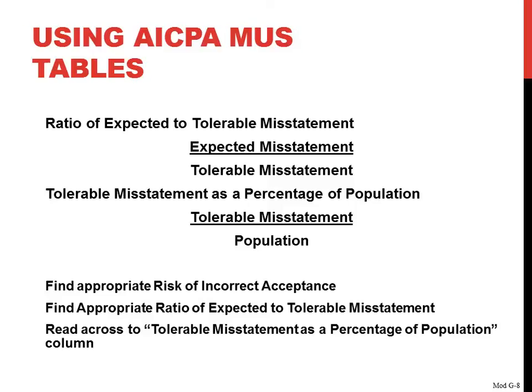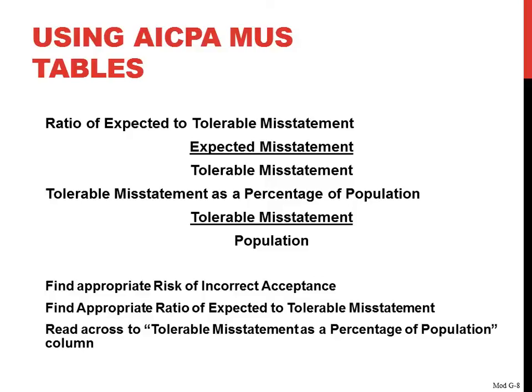So in using the AICPA tables again, the things you're going to look at is the ratio of your expected to tolerable misstatements. So you have an expectation about the amount of misstatement in a particular account, and you also have your tolerable misstatement that was calculated as a result or allocated to this particular account from your planning materiality.